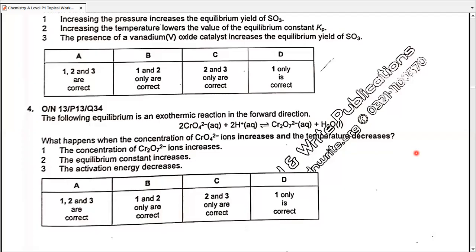But wait, let me see how that beta works. Okay, I get it. Yeah, because the product formation would be increasing because both the conditions are favoring the product side.